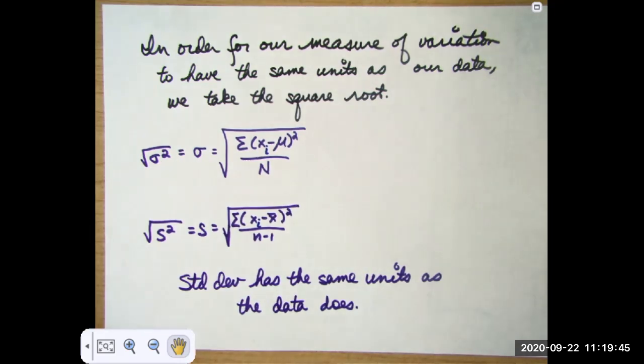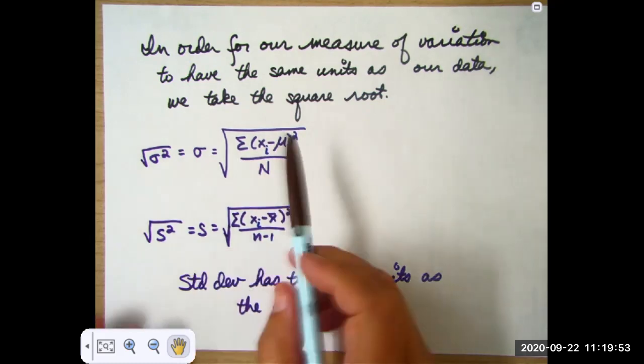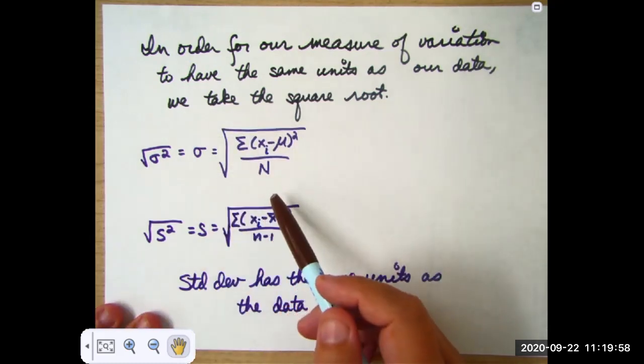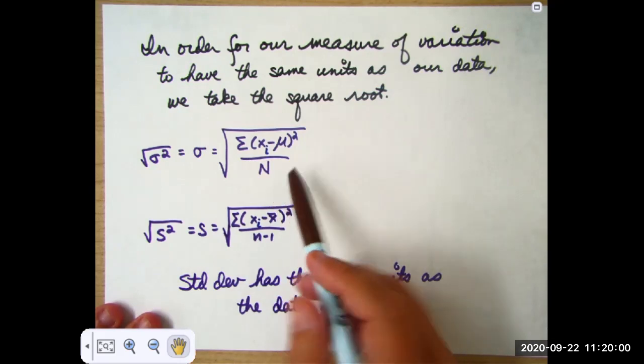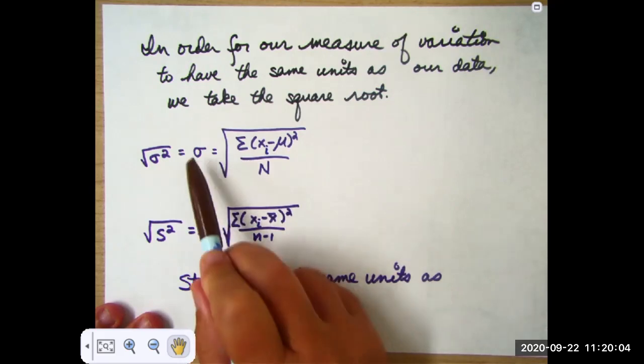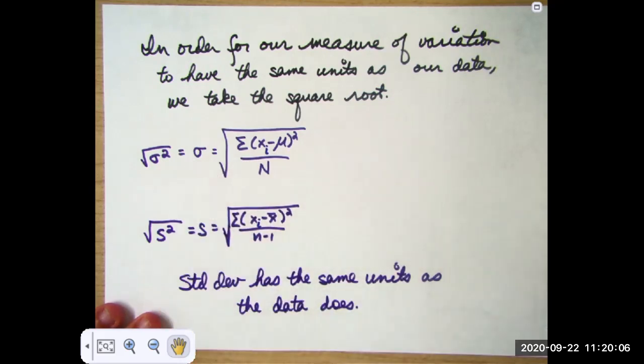Just like variance, any given data set only has one standard dev. Now, if our data set is a population, you'll notice this is the same formula for variance. We're just taking the square root of it to get the population standard dev.